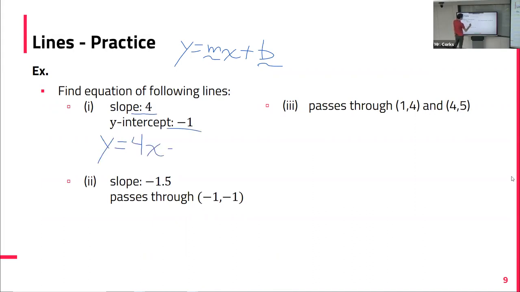We don't even have to do any math here. We just write in the numbers. Second one, well, we have the first part of it, the slope given to us, y equals negative 1.5 x. But what about the other part? How do we figure out b?